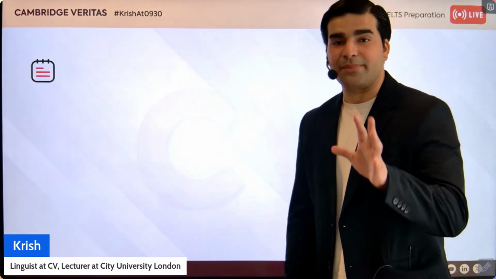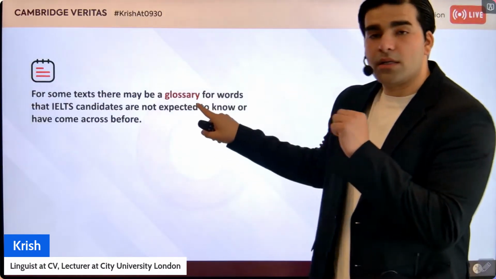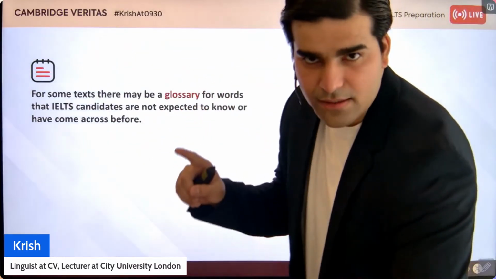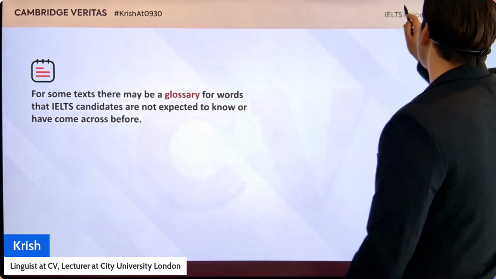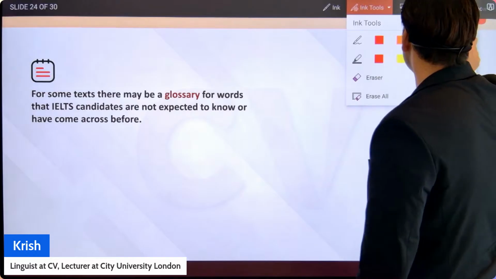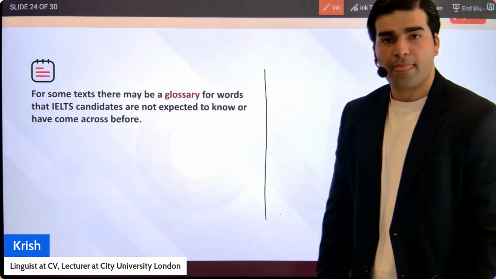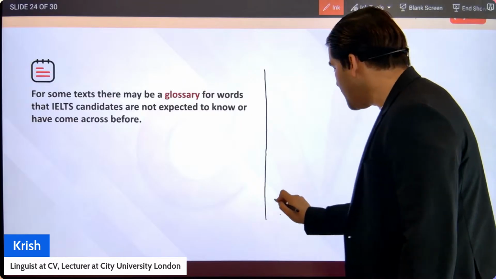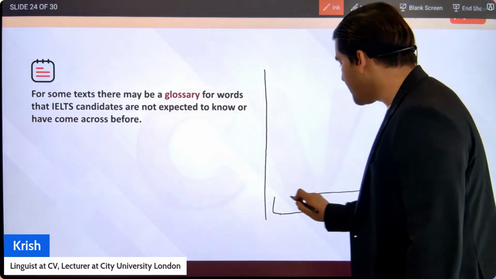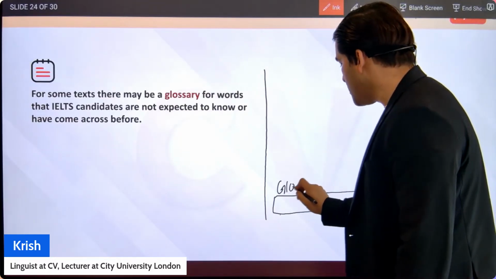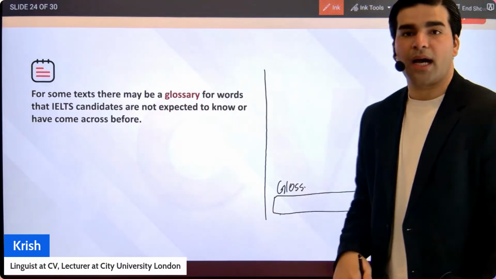The last tip of the day is, sometimes when there's a text, listen carefully. Imagine this is the text. Then at the end of the text, there's a glossary that is given by IELTS.